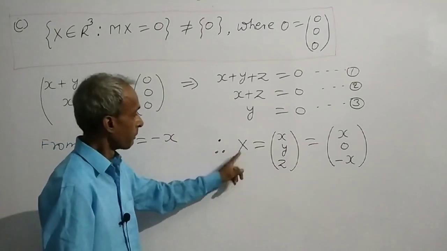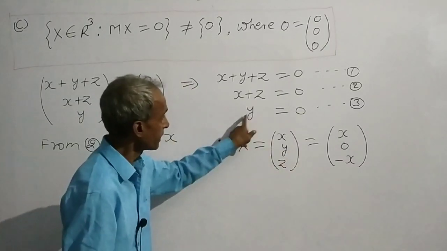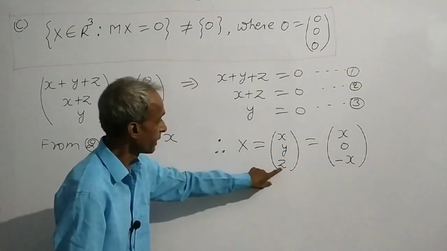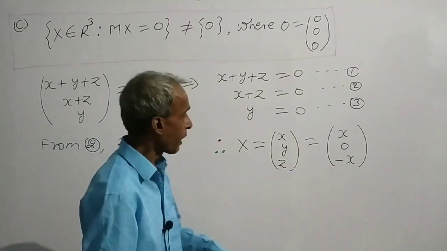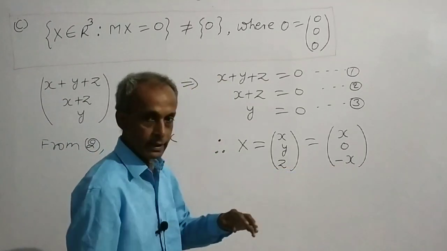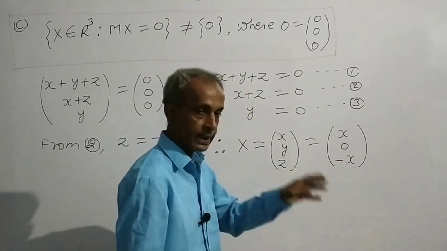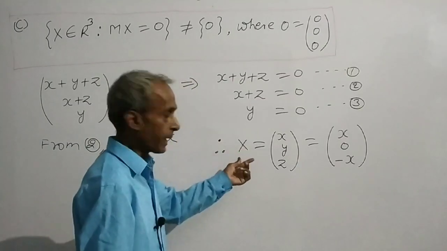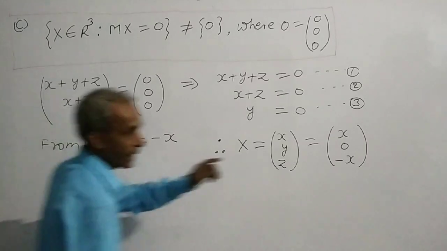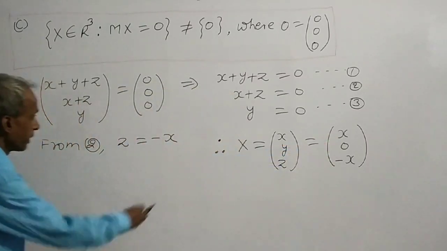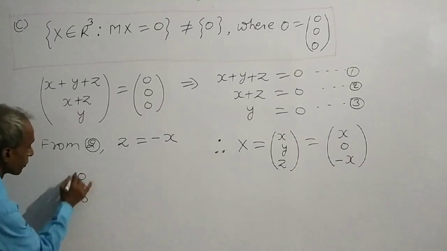Therefore, matrix X will be x, y, 0, z, minus x. Now we can write any number in place of x and we will get one column matrix X. As for example, when we write 0 in place of this x, we get 0, 0, 0.